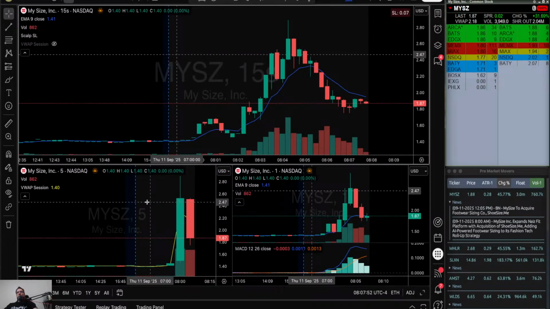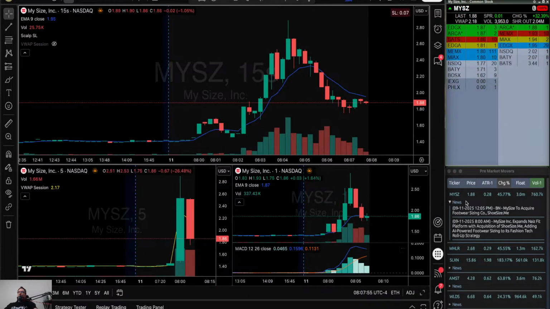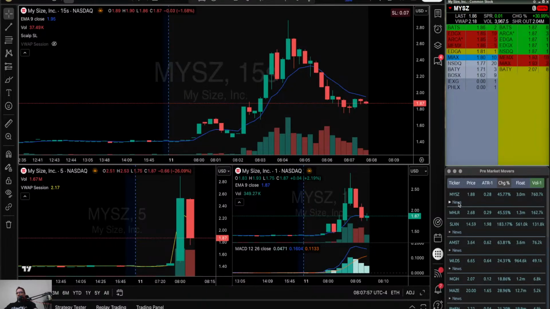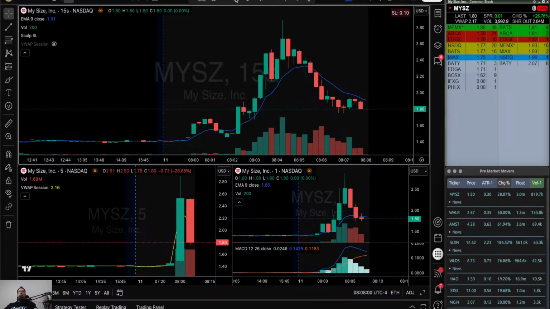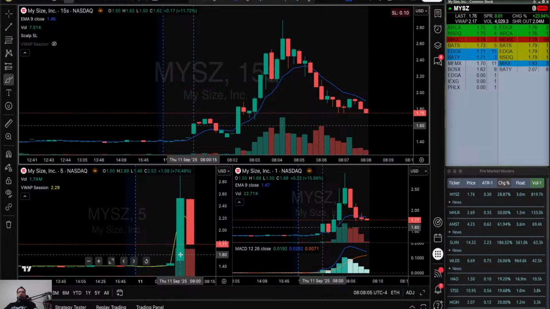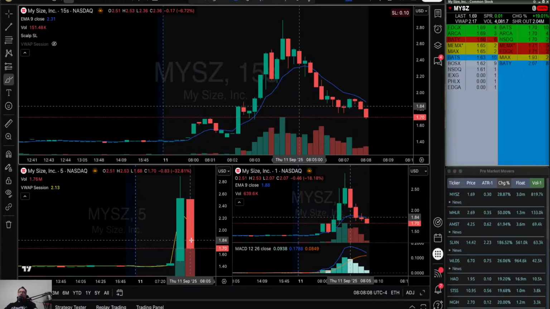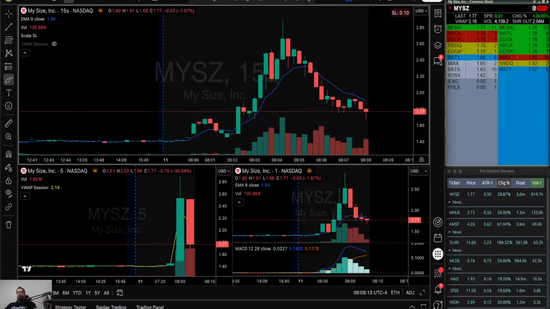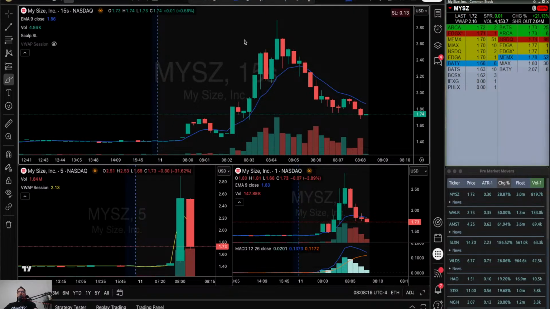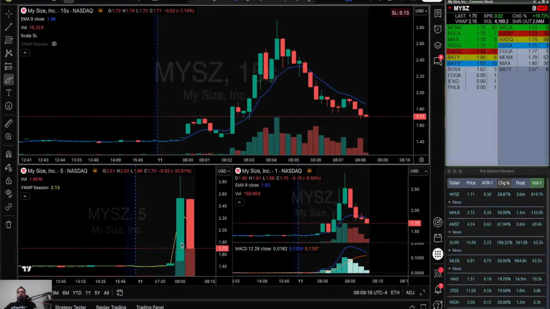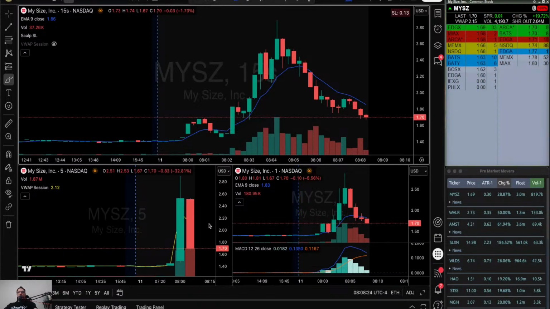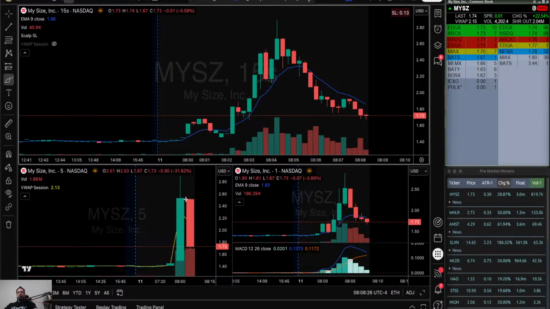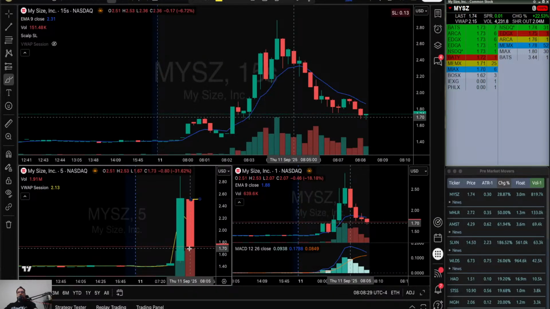Now, here is a play that could happen. This is something else in your playbook that you want to keep on your radar. When you get a nice pop like this, you get a pullback, and on the next candle or a couple candles later, if you break this area right here, you could get in, but your stop's down here.